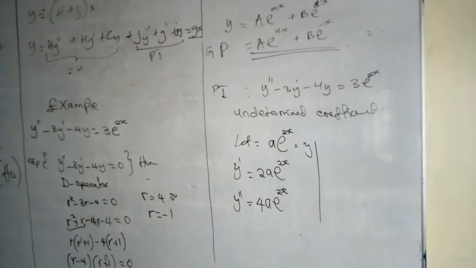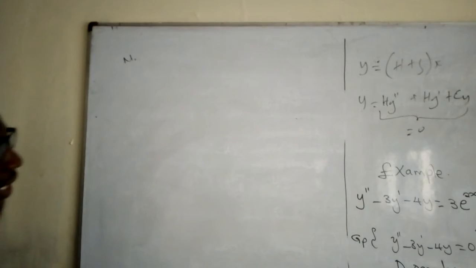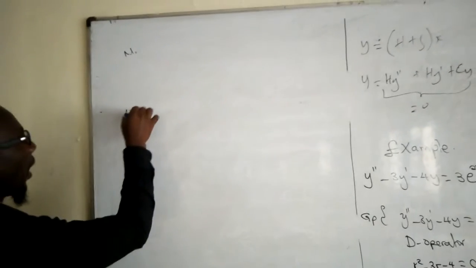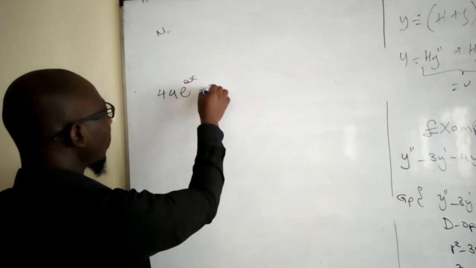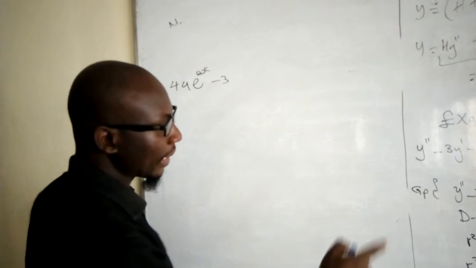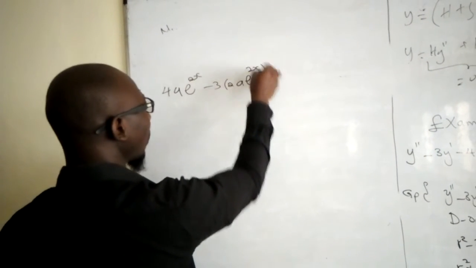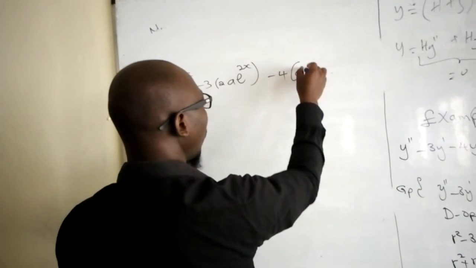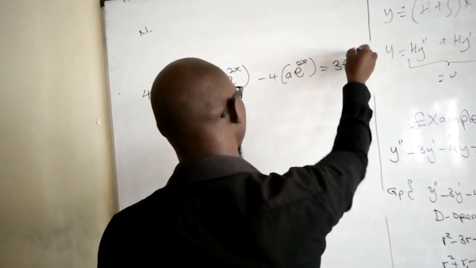Substituting, we have y double prime, that is 4a exponential of 2x, minus 3 times y prime, that is 2a exponential of 2x, then minus 4y, which is a exponential of 2x, to be equal to 3 exponential of 2x.